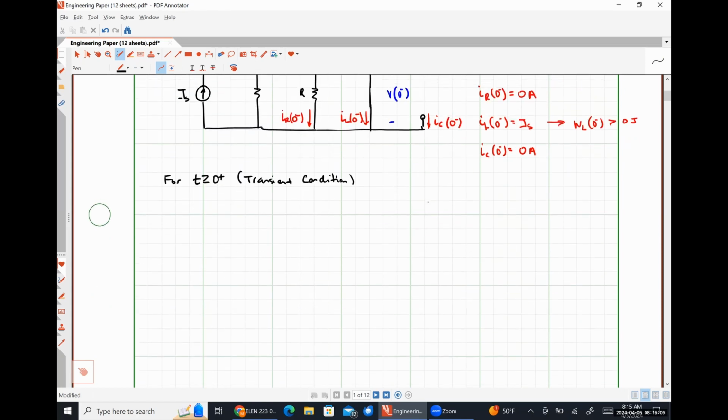So we have our current source over here, our resistance, whose value literally doesn't matter.